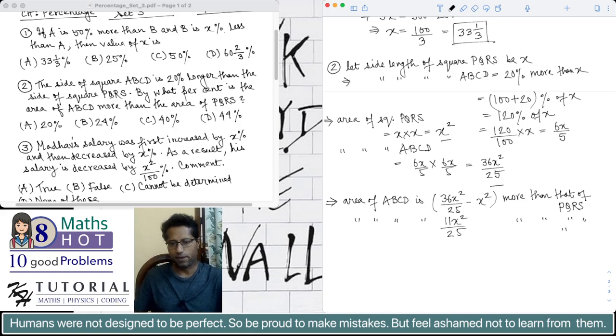So now we have to find what percentage the area of ABCD is 11 x square by 25 more than the area of PQRS.